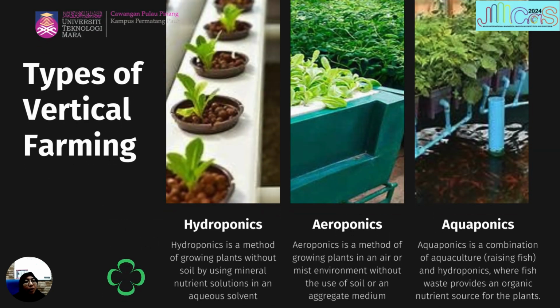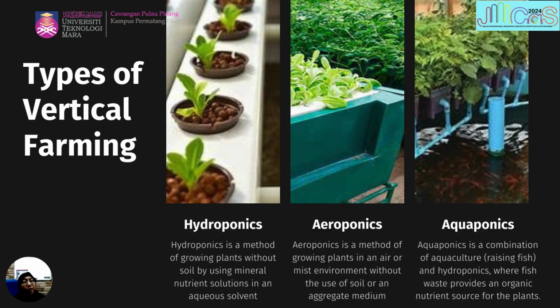So how many types of vertical farming can be used? There are three very popular types nowadays: hydroponics, aeroponics, and aquaponics. Hydroponics is a method of growing plants without soil, using only a mineral nutrient solution in water.